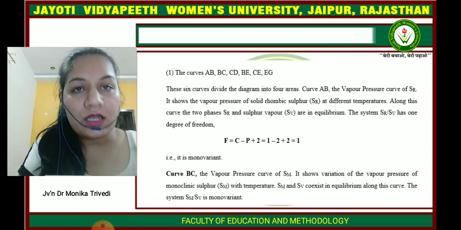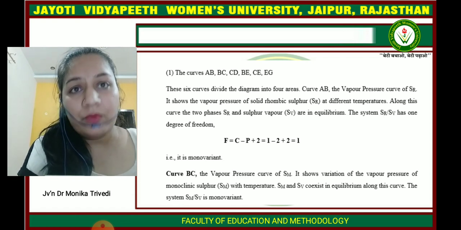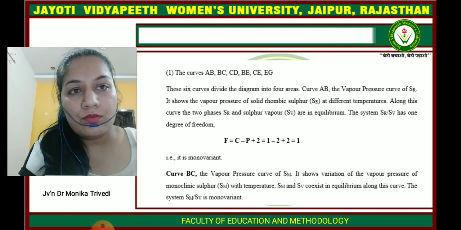So each curve present in the phase diagram of sulfur has 1 degree of freedom, and the curve is monovariant.